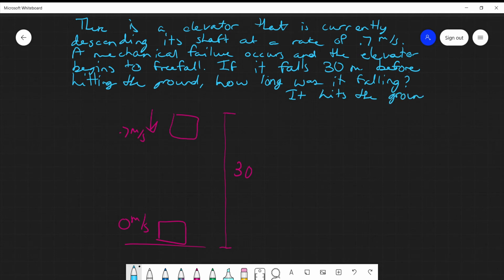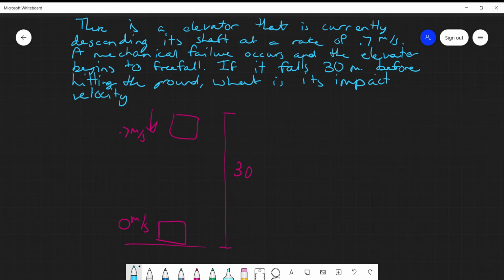Actually, no, we're going to find it. And then we're also going to have a part B. Okay, we've done this backwards. So this right here, what is its impact velocity? That's what we're going to look for first.